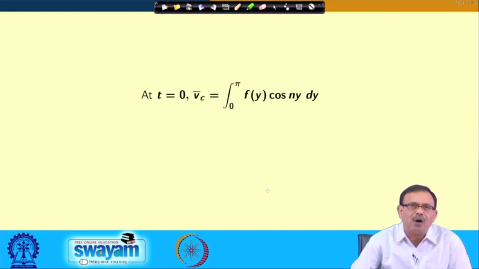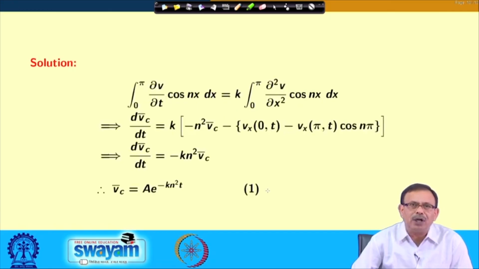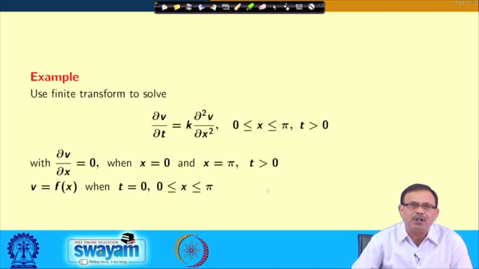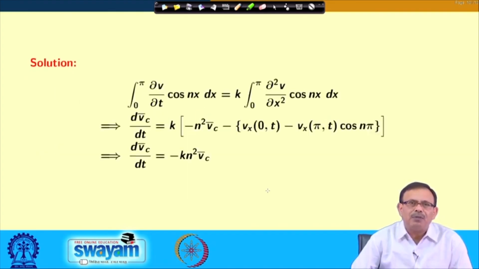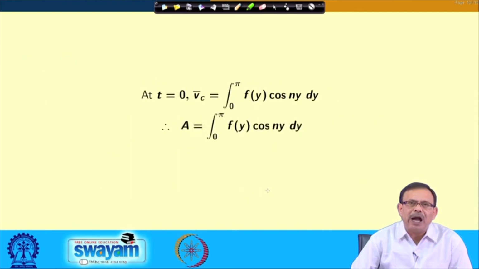To find the value of A, at t equals 0, v c bar equals the integral from 0 to pi of v(x,0), and v equals f(x) at t equals 0. So in place of v(x,0), we substitute f(y) cos ny dy.